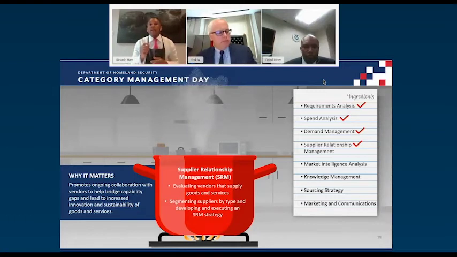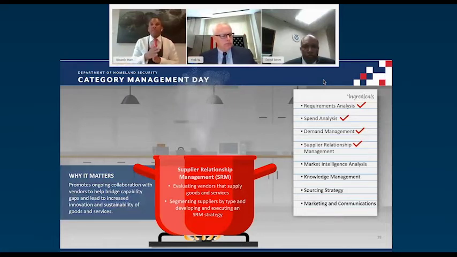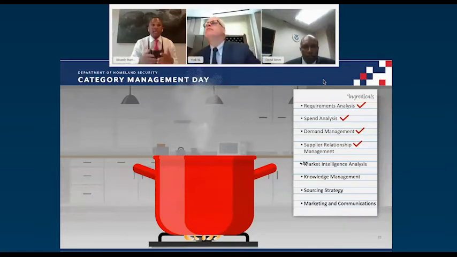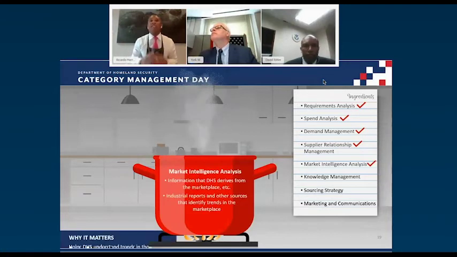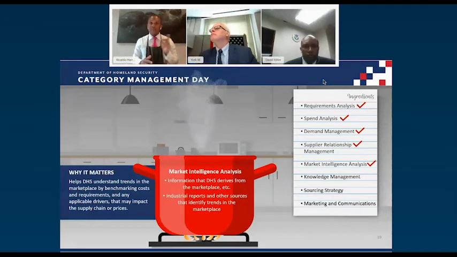So similarly to SRM, our next ingredient is called market intelligence. And I'm just going to quickly cover what market intelligence is because it is very similar to SRM with a few nuances. Market intelligence is the information and data that the organization derives from the marketplace through vendor interaction, so the SRM piece, but also through reviewing industrial reports and other sources to identify trends in the marketplace, cost and price drivers, supply chain dynamics.